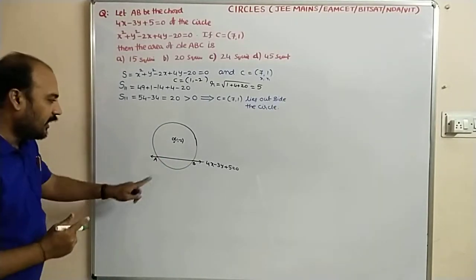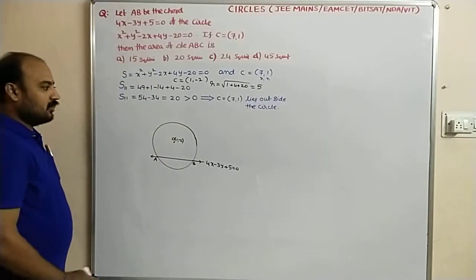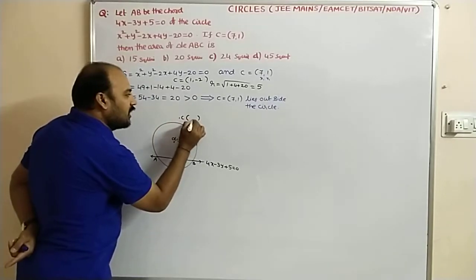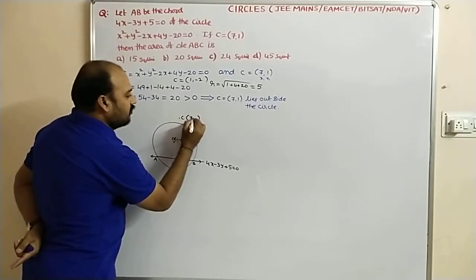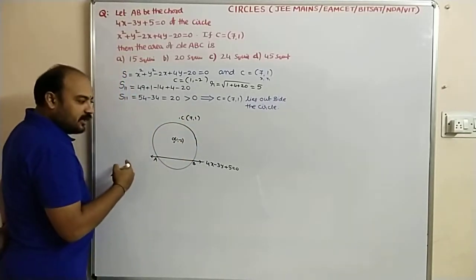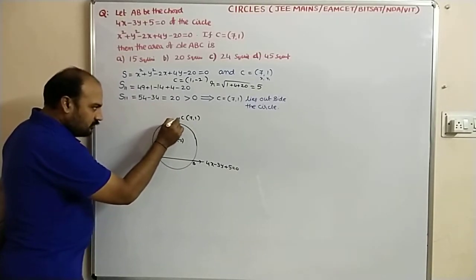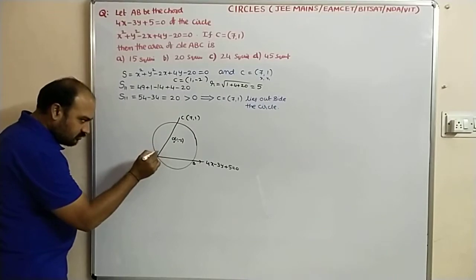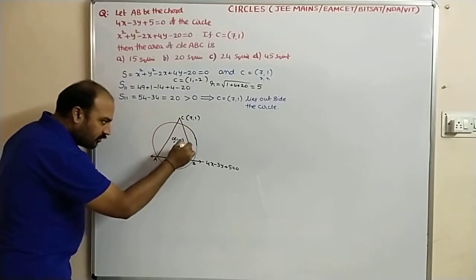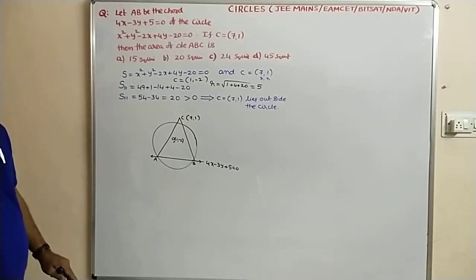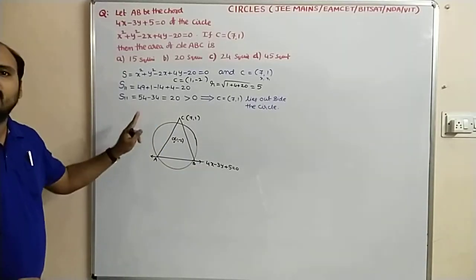Sir, why are we calculating the length of the chord? The point C is outside, as we observed now. C is 7 comma 1. Now join AC and BC. We got one triangle. We are going to calculate the area of the triangle.